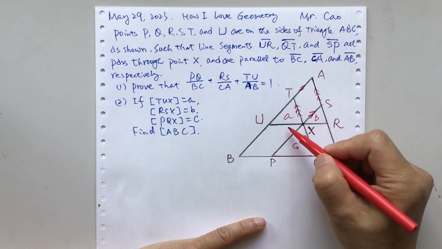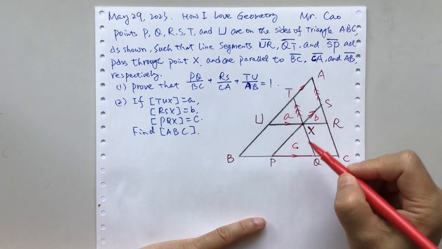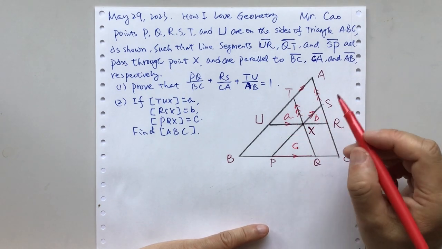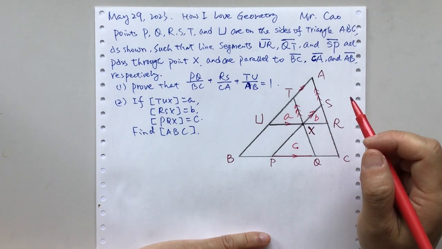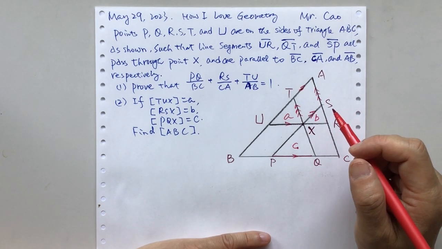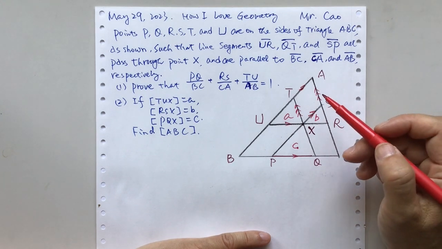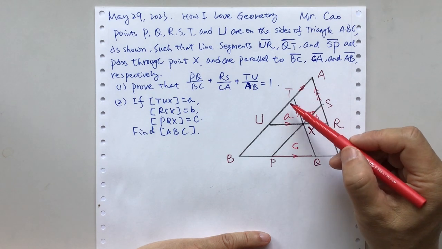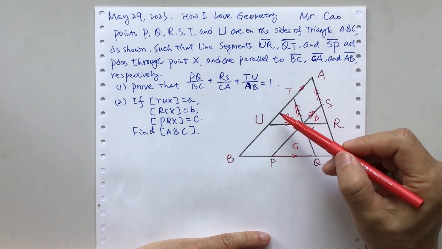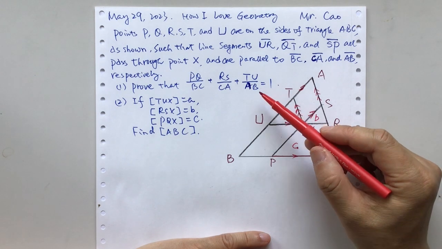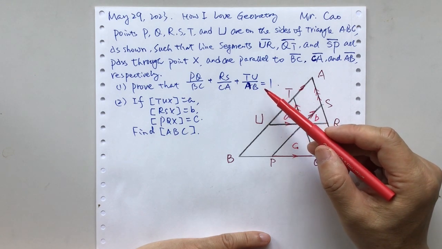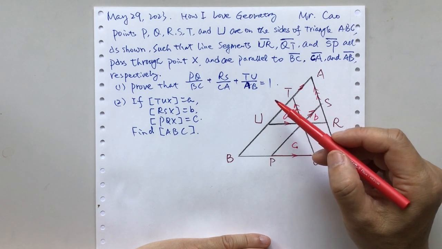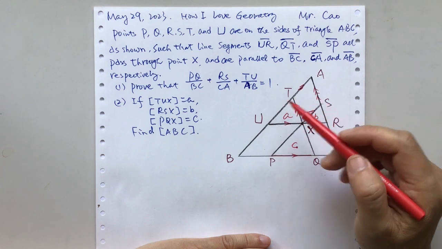So with parallel lines, we will think about similar triangles. Similar triangles give the ratio of the corresponding sides. So the first problem is just about that, and we will use this idea to try.